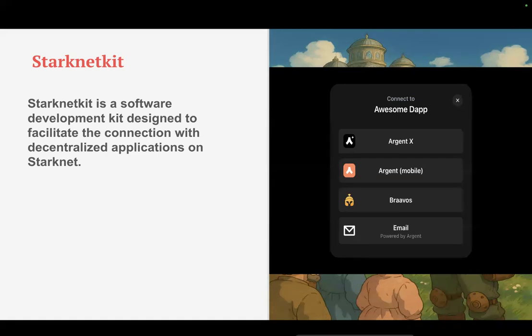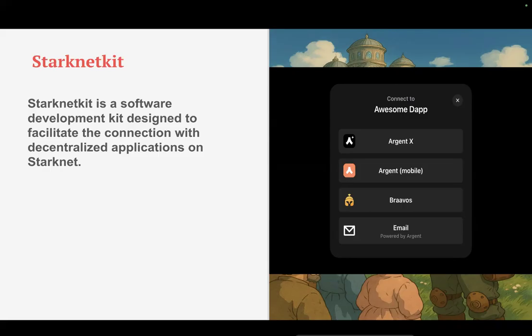Simply put, Starknet.js is like the godfather or the grandfather of all. It contains all the robust methods, all the robust hooks you might need. But starknetKit is just a simpler version that was built by the Agent team to make development very, very rapid.